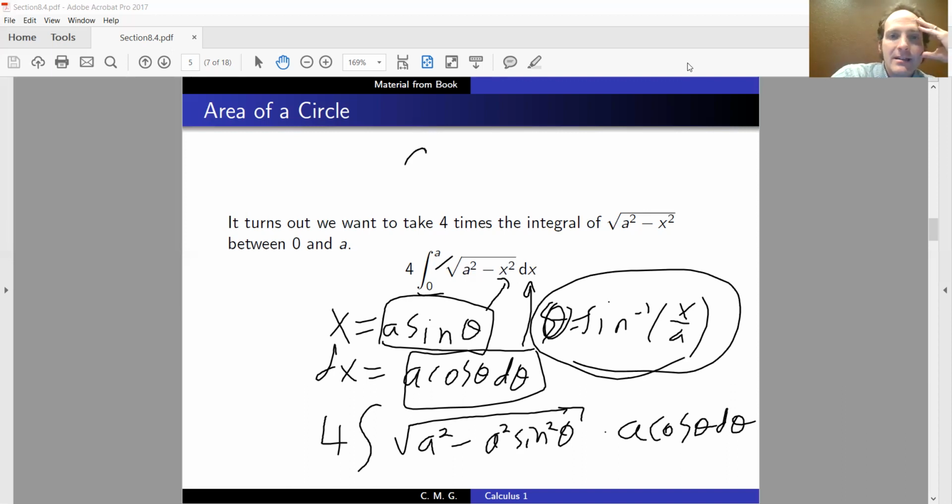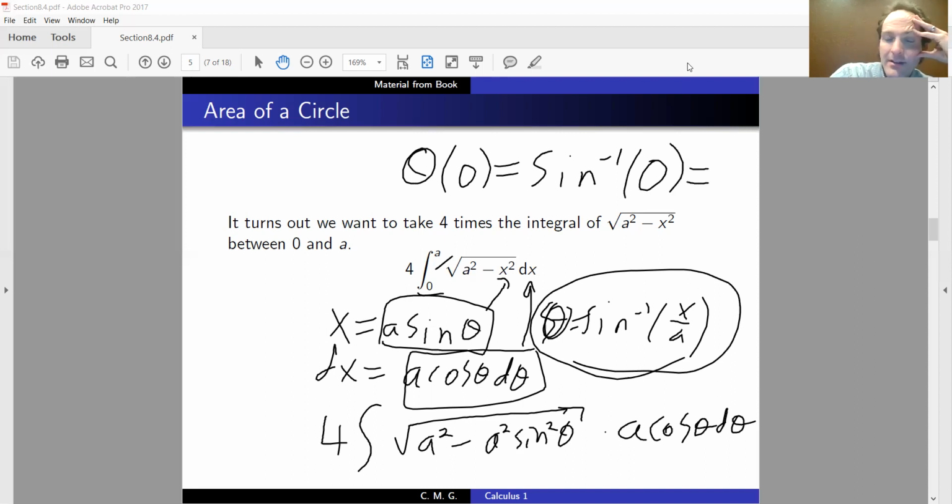when I do this with my theta, theta evaluated at 0. So when x is 0, I'm taking the inverse sine of 0 over a, and 0 divided by a is 0, and the inverse sine of 0 is the angle 0. So remember, inverse sine says what angle gives me this as my sine.